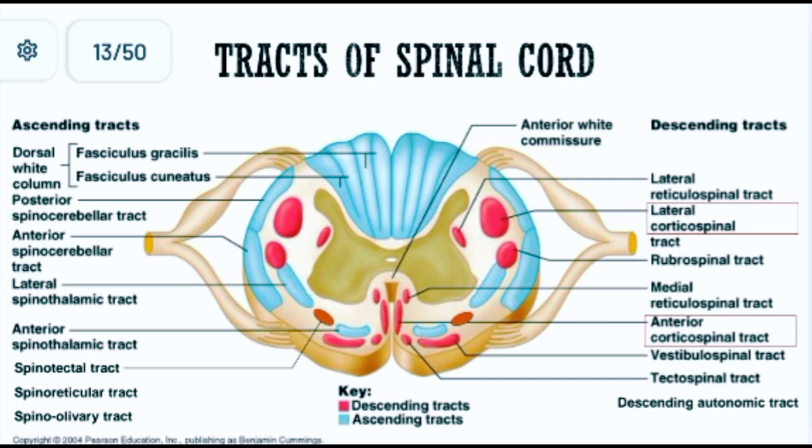But if you're okay, you'll be able to locate the position of your body parts. That is what we call proprioception or kinesthesia. It is being carried by the dorsal white column medial lemniscus pathway, which is made up of fasciculus gracilis and fasciculus cuneatus.